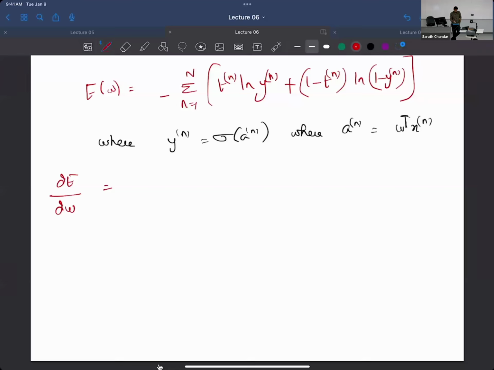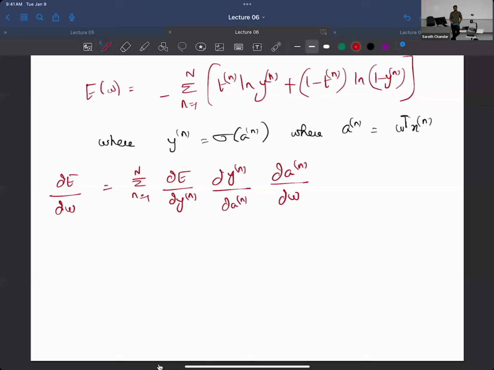So this is going to be summation n equal to 1 to capital N, dou E by dou Yn, dou Yn by dou An, dou An by dou W. I want you to get comfortable with the chain rule of differentiation because we're going to do this again and again moving forward.